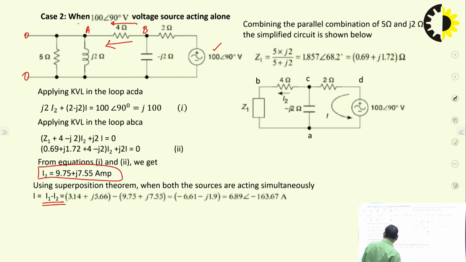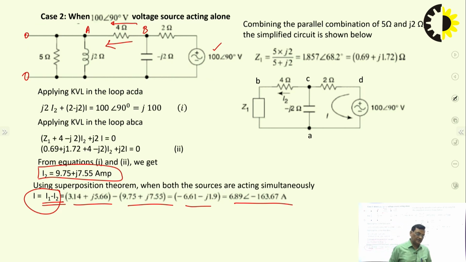So this is the net current flowing through the 4 ohm resistor when both energy sources are acting, using superposition.